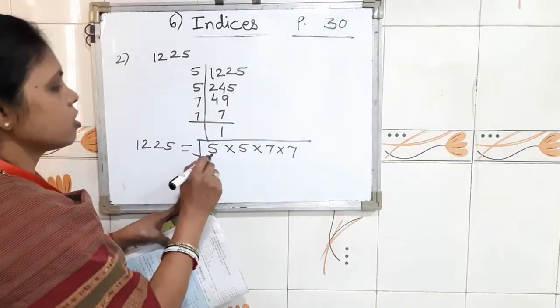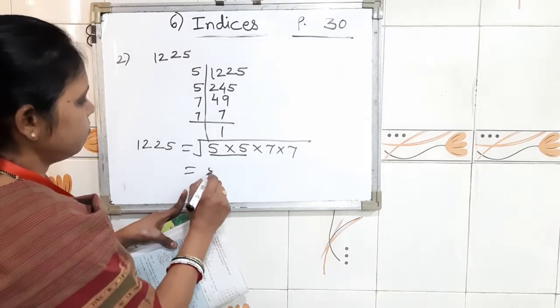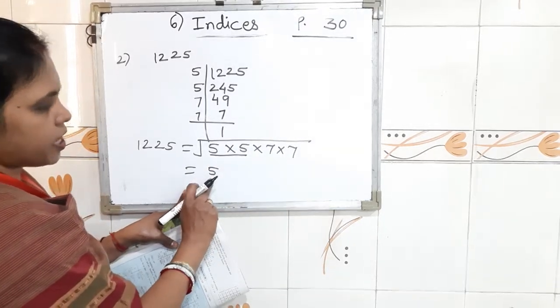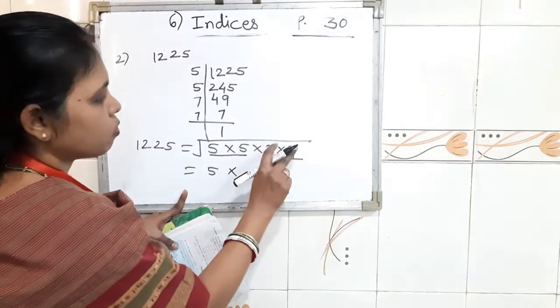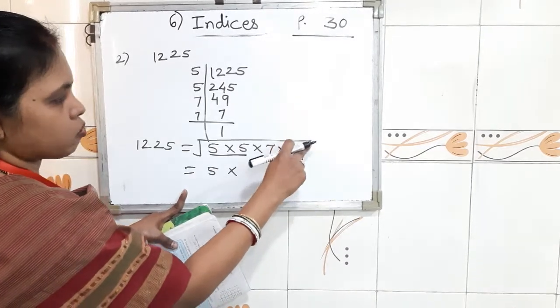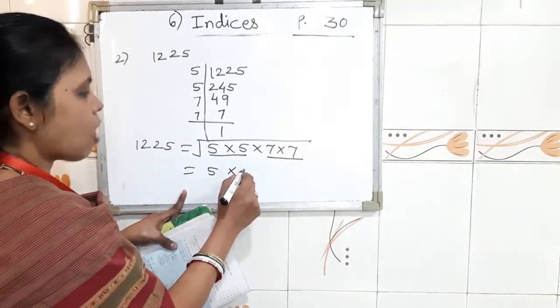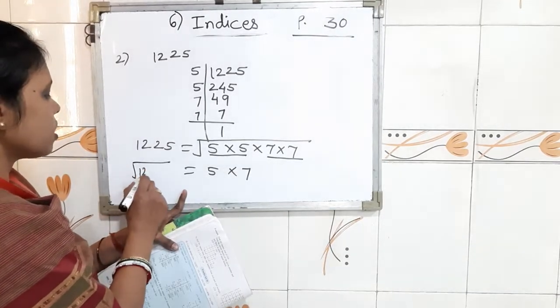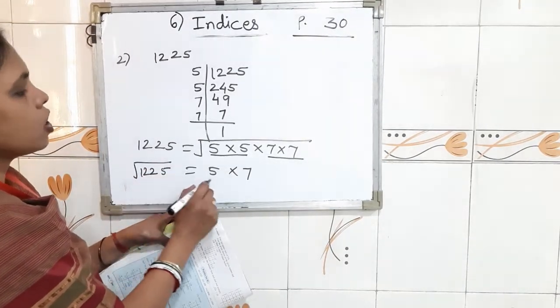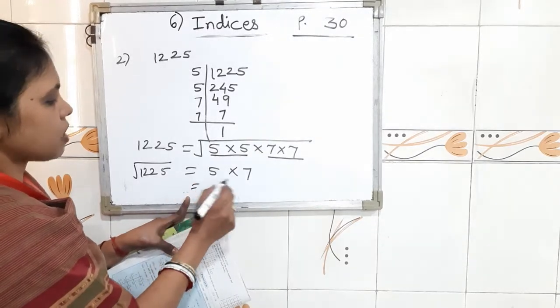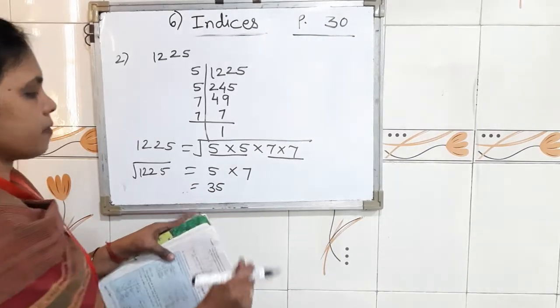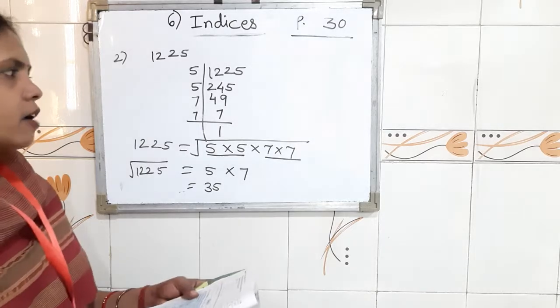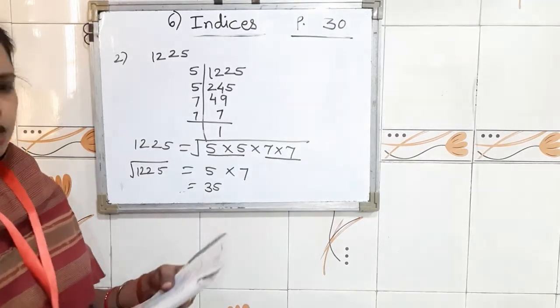When you remove them from the square root, you will get 1 time 5, and 2 times 7 is there in the square root. When you remove it outside, you will get 1 time 7. Therefore, for 1225, your answer is 5 into 7, that is 35. So children, I hope this sum also you understood.